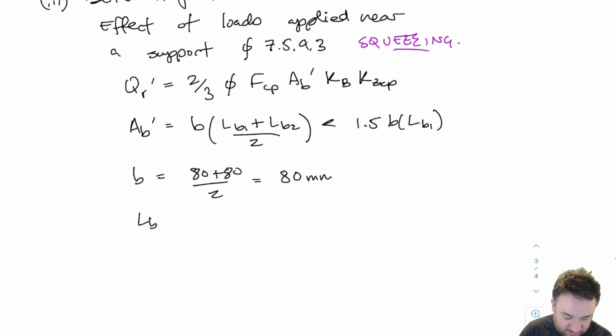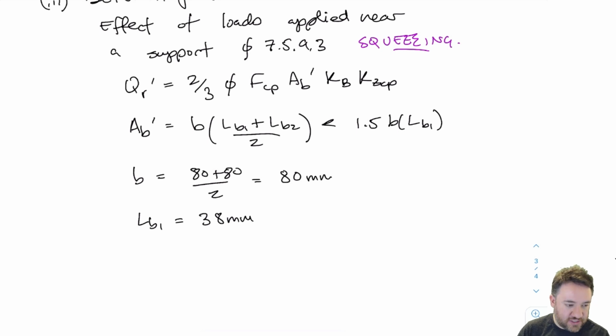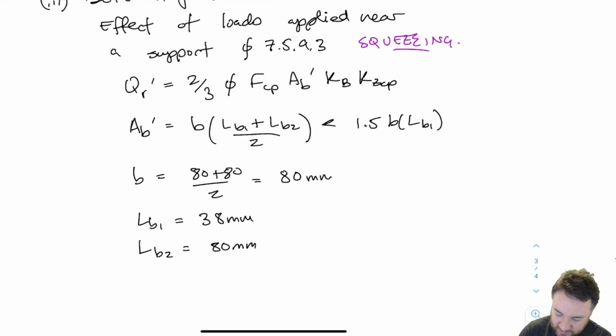And I have a length of bearing 1, which is always the shorter bearing length. It's not like this one's the top and this one's the bottom. LB1 is always less than LB2. Remember, on the top, I have 38 millimeters because that's the width of the joist. And on the bottom, I had 80 millimeters because that's the length of the plate. So this one is always the lesser.